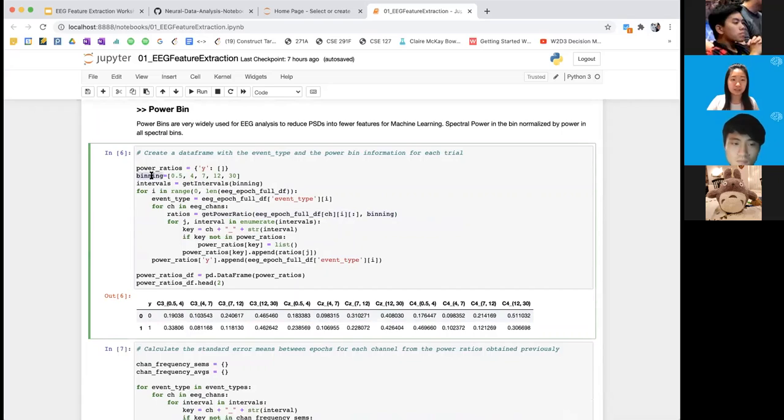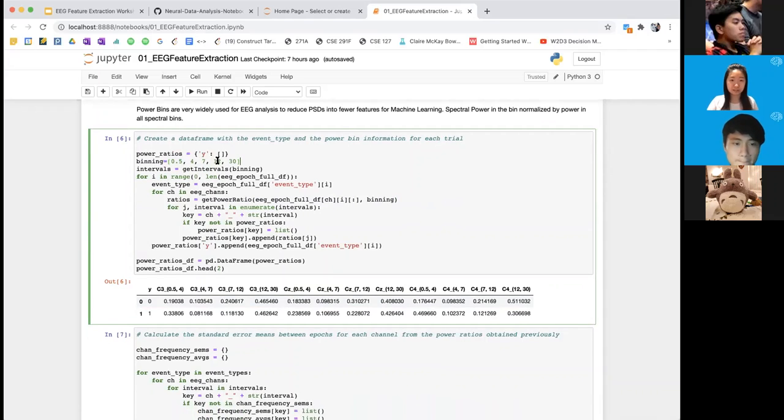This is the binning I chose because these bands are traditionally used, but you can also experiment with smaller bins, larger bins, maybe go higher or lower, maybe only look at certain ranges more closely. It's up to you how you want to change that.